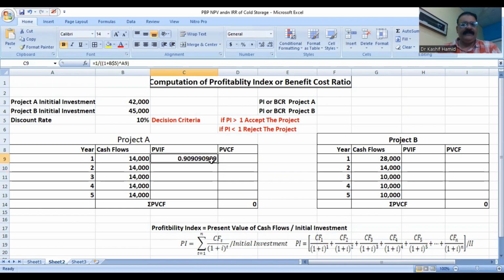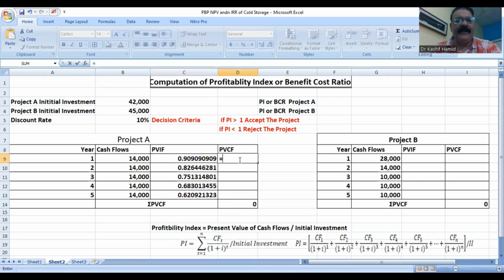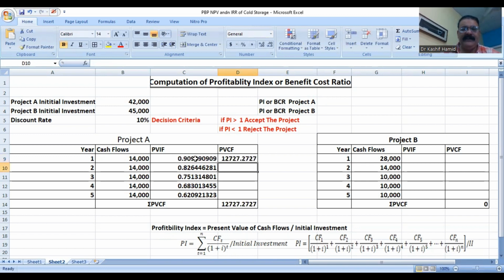This first interest factor, we will drag this computation up to here, and then we will get the present value of cash flows by multiplying the cash flow with present value interest factor for given interest rate and for given number of periods, which is 14,000 multiplied by present value interest factor.